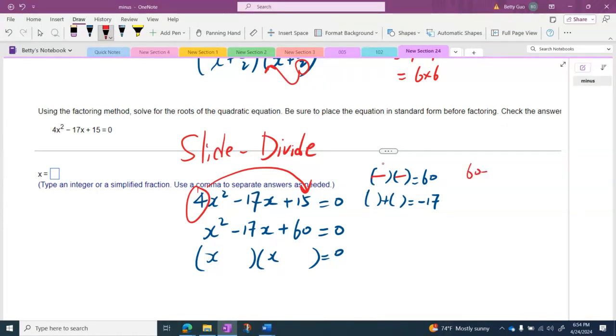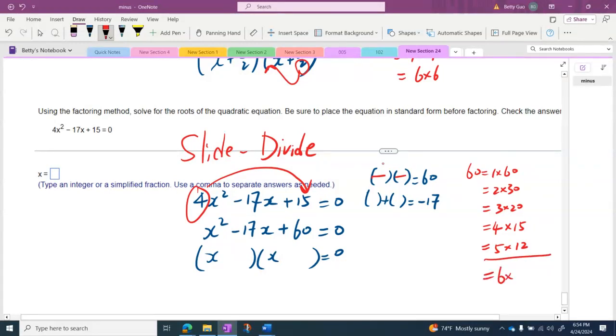And then we factor 60. 1 times 60, 2 times 30, 3 times 20, 4 times 15, 5 times 12. We don't have to continue, you know. We could continue 6 times 10, but we already found our pair.